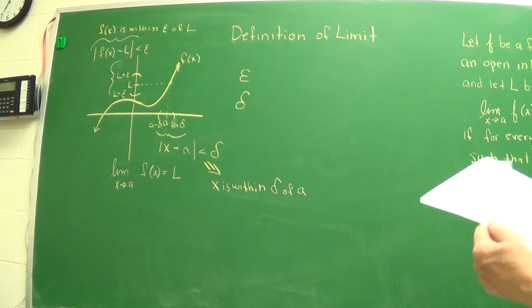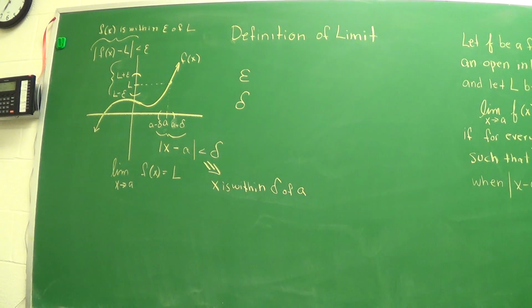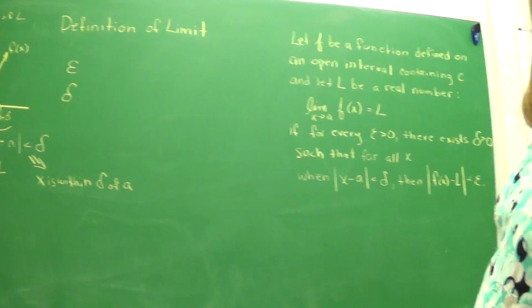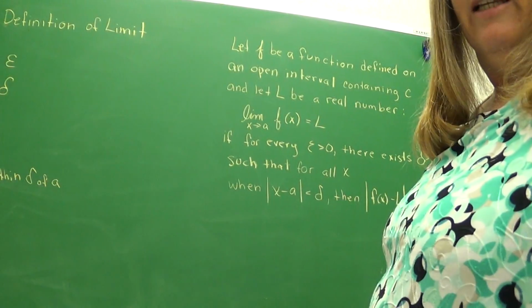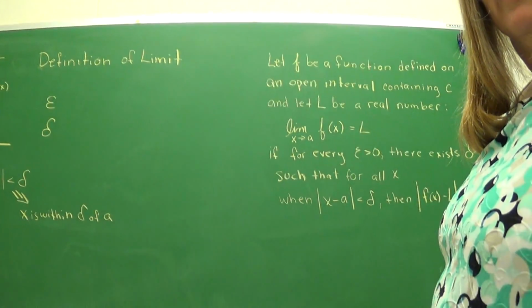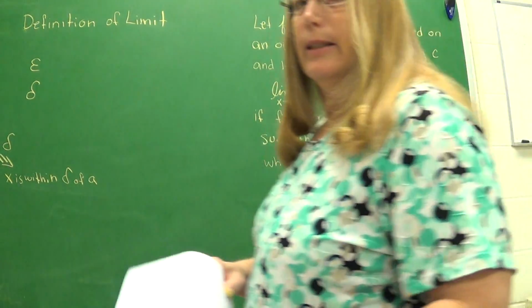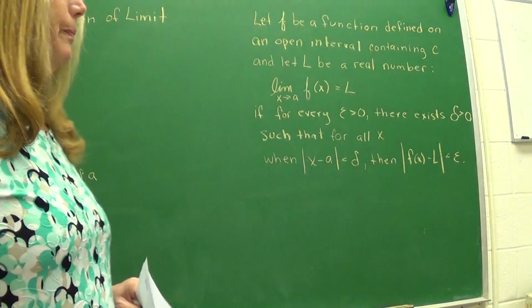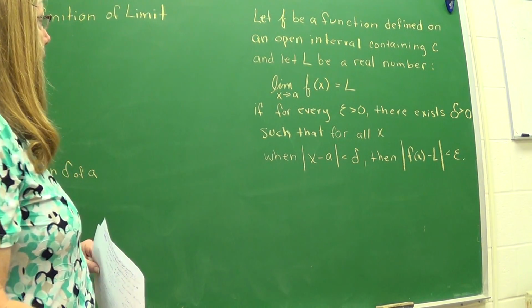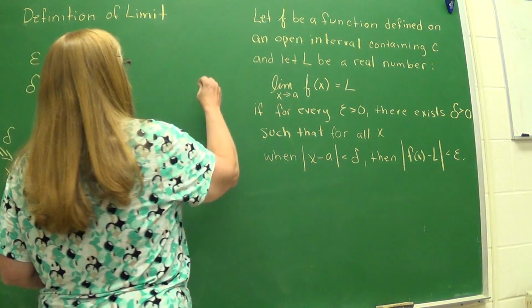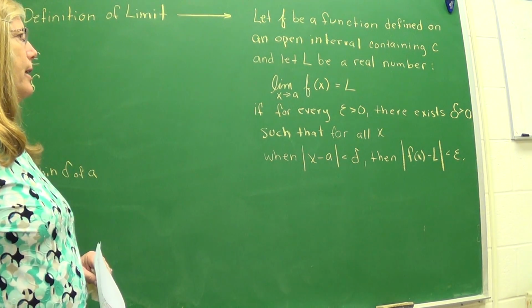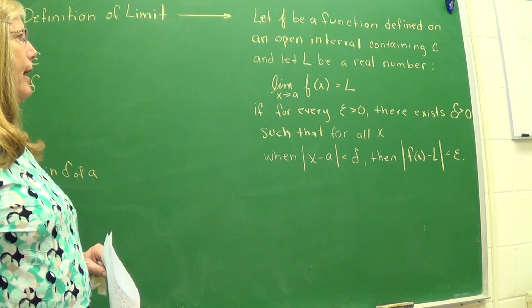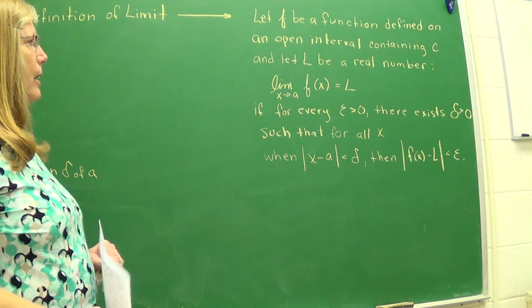So let me give you the actual definition for a limit. And I have it written on the board over here. Let me see if I can line it up even better. All right, I think that shows up pretty well. Here it is, the definition of a limit. Let f be a function defined on an open interval containing c, and let L be a real number.